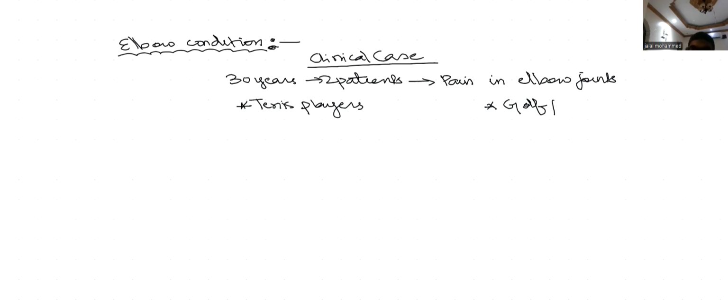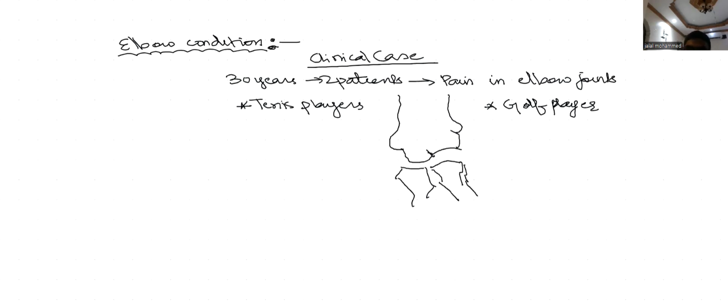So here I just want to recall a little anatomy which we have read in first year. This is your simplified form of the elbow joint. I try to be as neat as possible, but I can't control the pen.